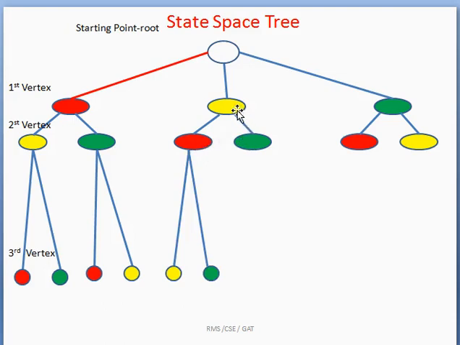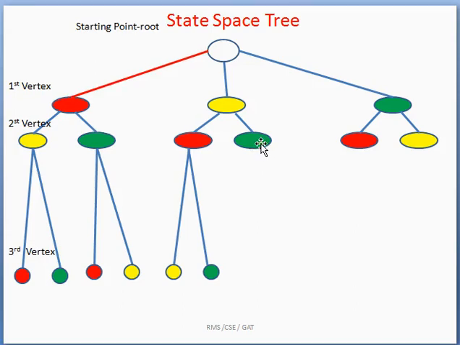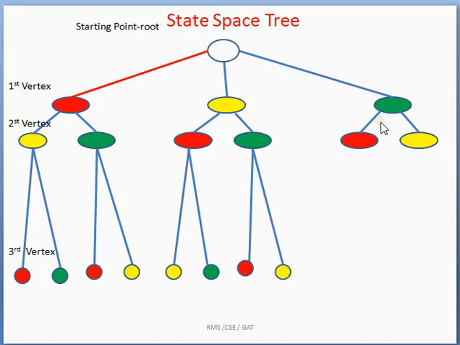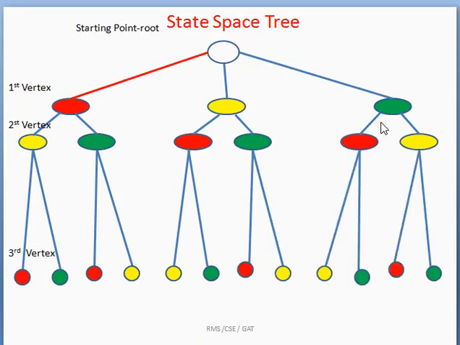Again for the fourth node: yellow, green, red, yellow. Similarly these two can be colored. So till now we have colored node 1, node 2 and node 3 properly without sharing a common color for adjacent vertices. In the same way, if we continue, we have to go for the fourth node.